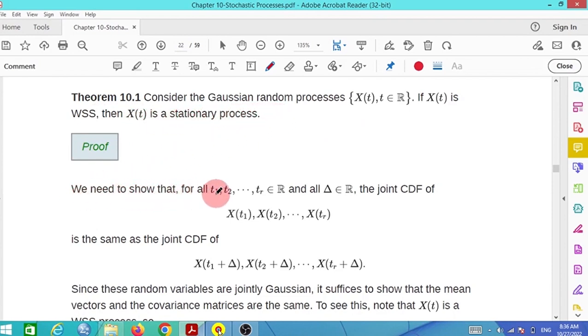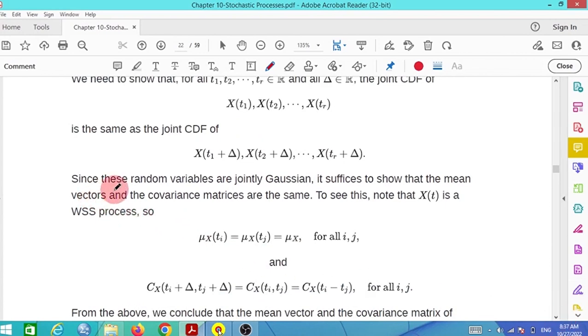We need to show that for t1, t2, up to tr belonging to R, and delta another value in R, the joint CDF of this collection is the same as the joint CDF of the shifted collection. Since these random variables are jointly Gaussian, it suffices to show that the mean vector and the covariance matrix are the same.